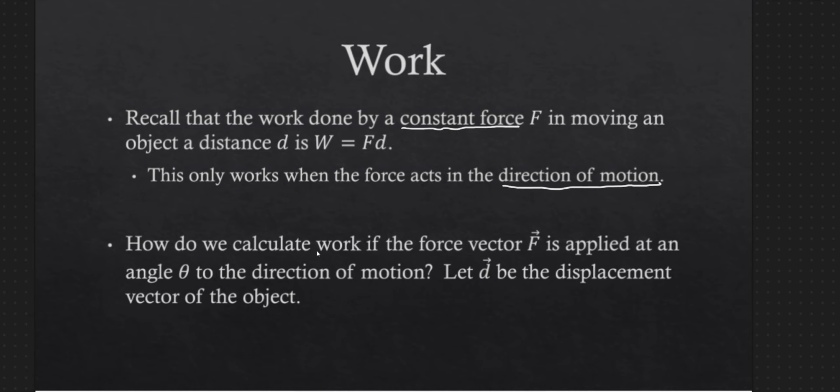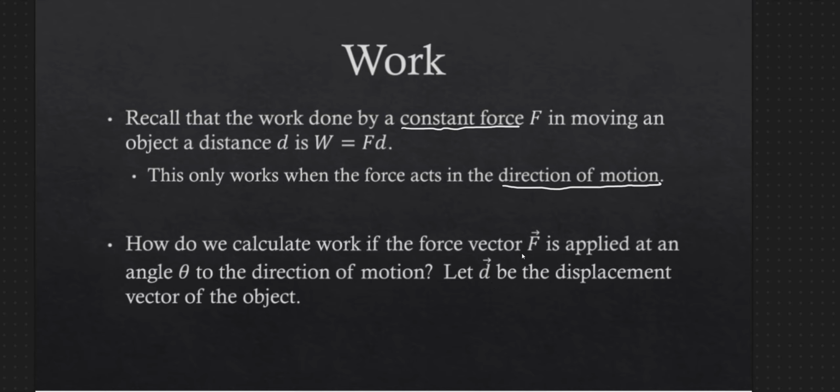However, the big question is, how do we calculate work if the force vector, as we know, force is actually a vector. It has a direction and a magnitude, not just a magnitude like we have here. And same with displacement, which is really what we're interested in: how does that object move? We can draw a vector whose tail is where the box started and whose head is where the box ended up. And that gives us the displacement vector.